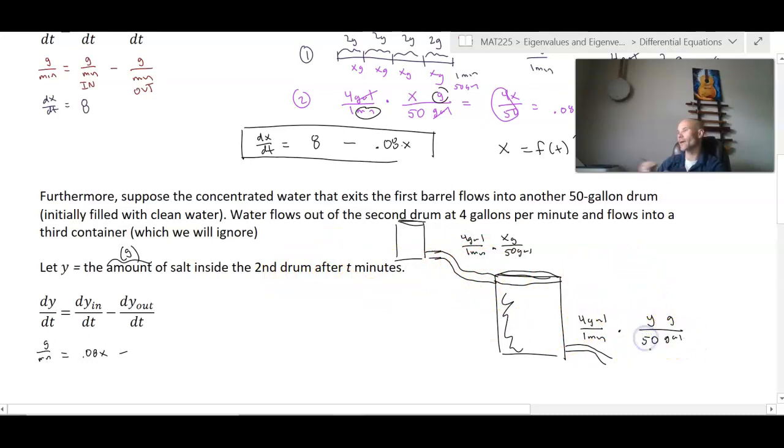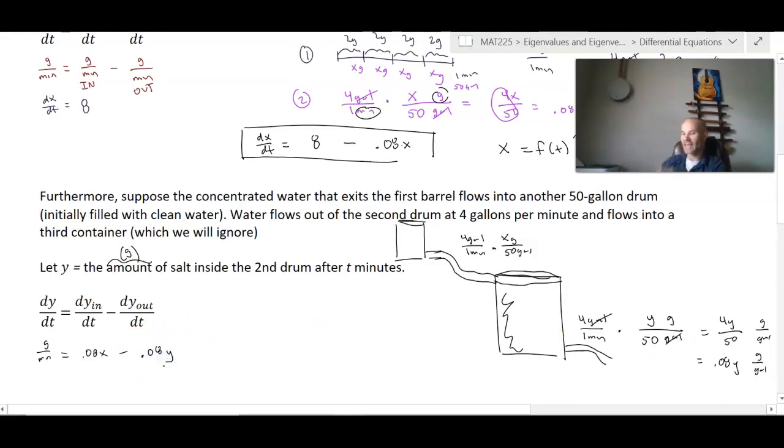So divided by 50. If you simplify that, which gives us grams per gallon, it'll be 4y over 50 grams per gallon, which equals, again, 0.08y grams per gallon. And that's what's coming out of tank 2.